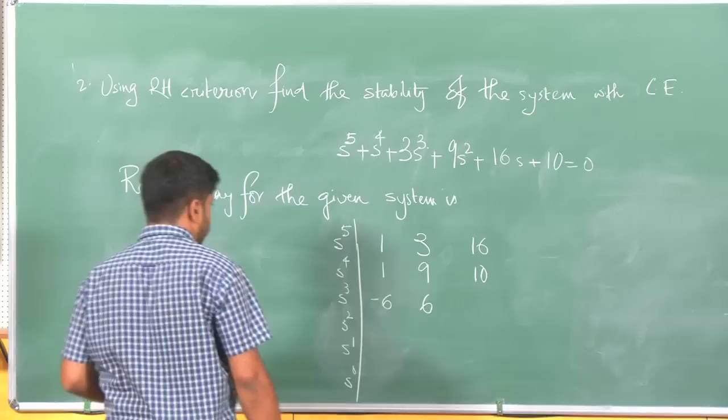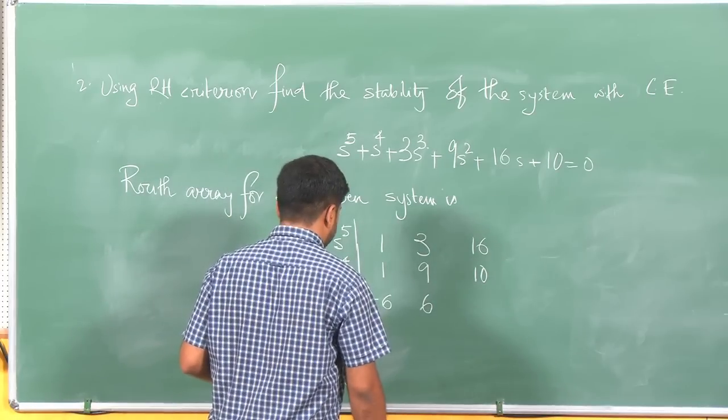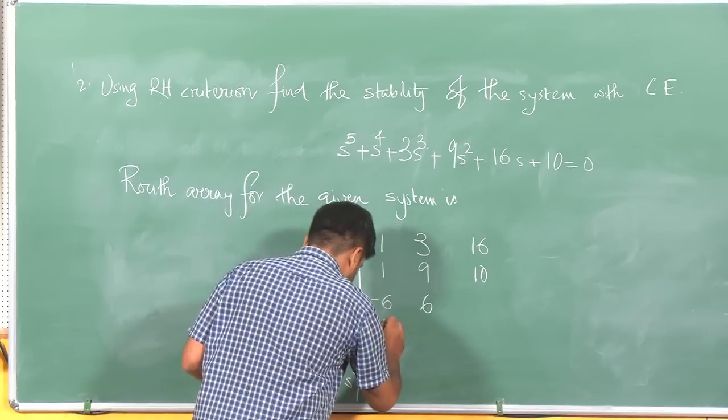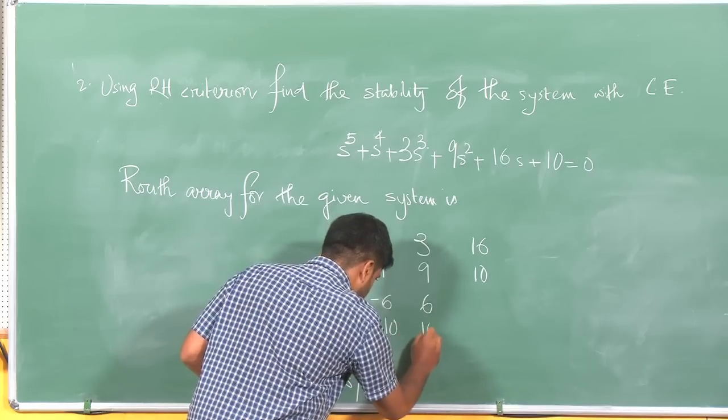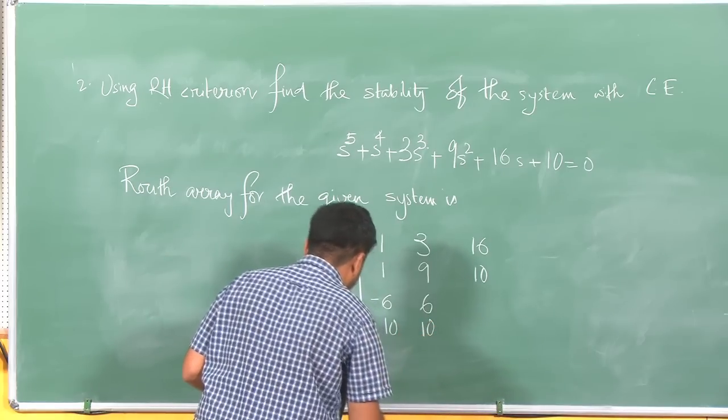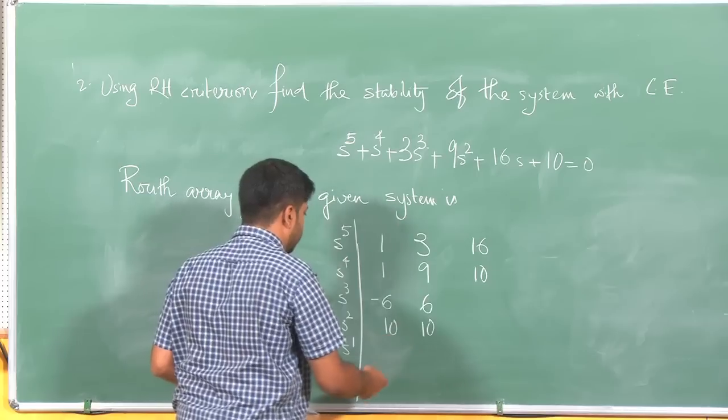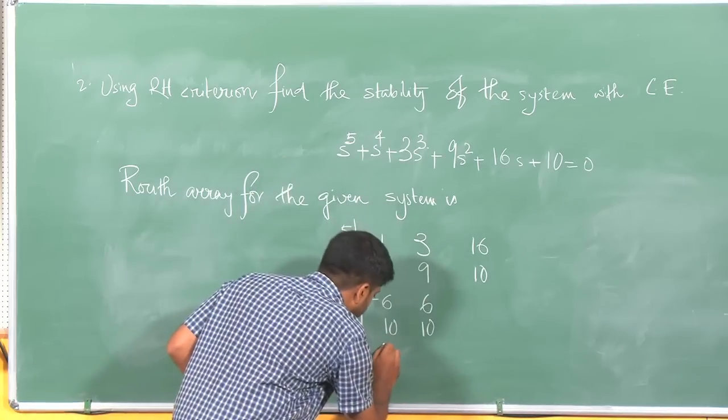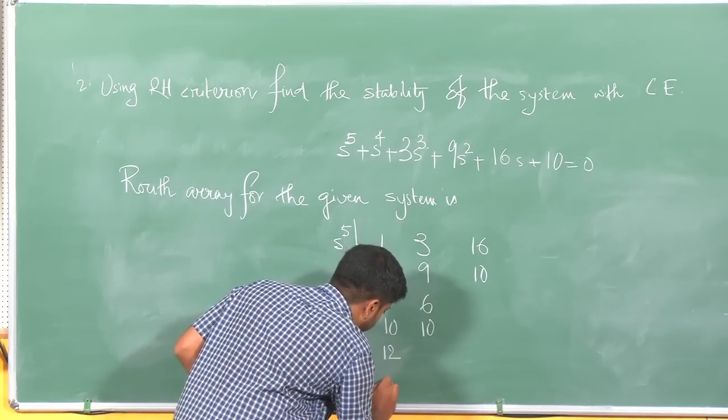Now, this is 10. 10 into 6, 60 minus, so 12, and this is 10.